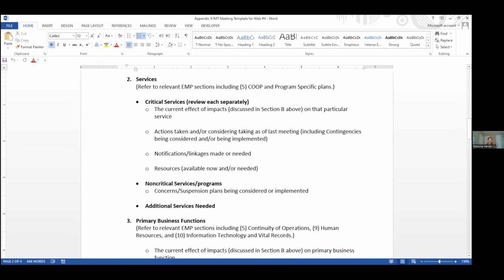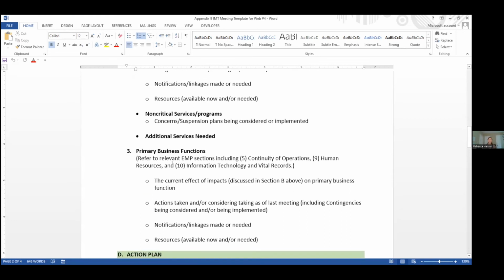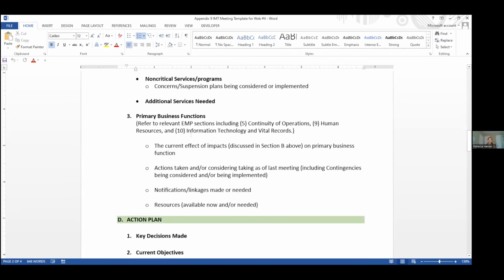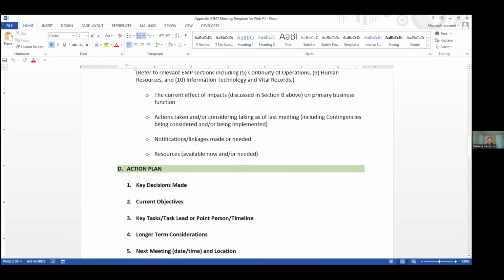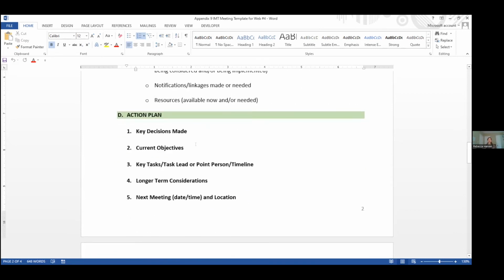So getting back to this template, which is for your IMT meeting, you're reporting out on the services, and on these primary business functions, let's say like HR or payroll or IT. You're reporting out what the impact is and how you're being affected. And then finally, now that you've gathered all this information and you see where things are, you come together as a team to figure out, where do we want to go?